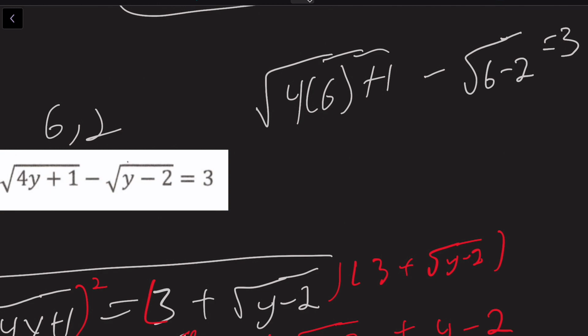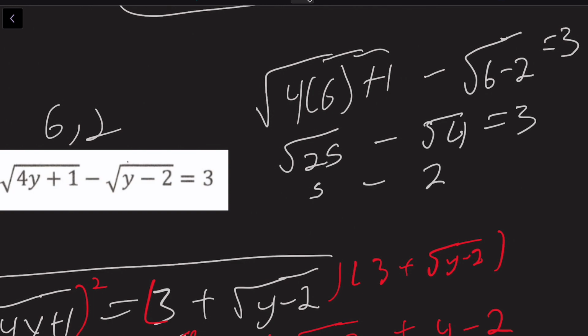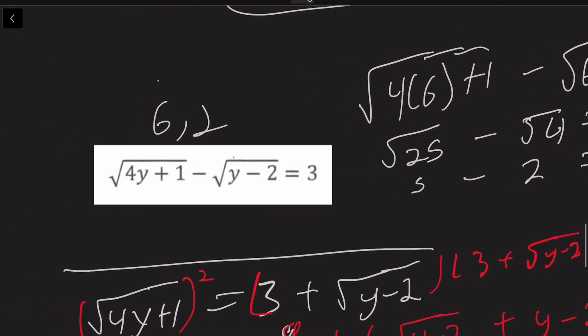Well, 4 times 6 is 24, plus 1 is 25. So that means this is the square root of 25, which is 5, minus the square root of 6 minus 2. The square root of 6 minus 2 is the square root of 4, which is 2. So 5 minus 2 is equal to 3. So 6 checks out.